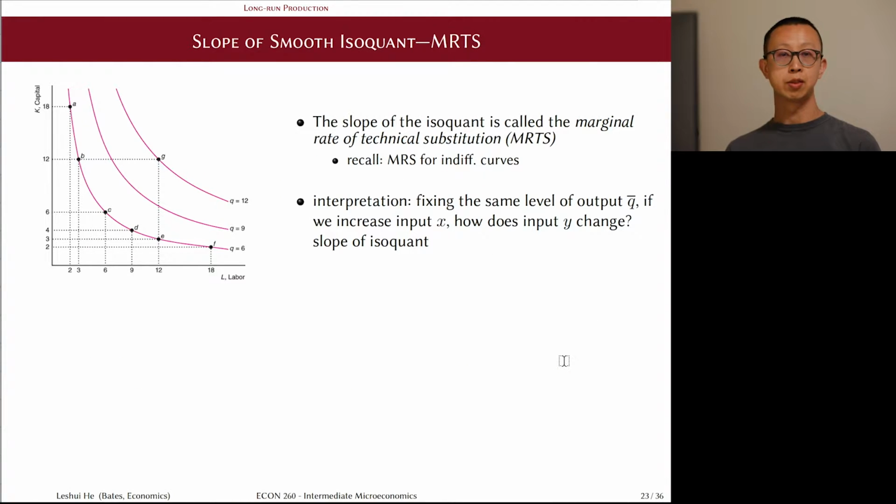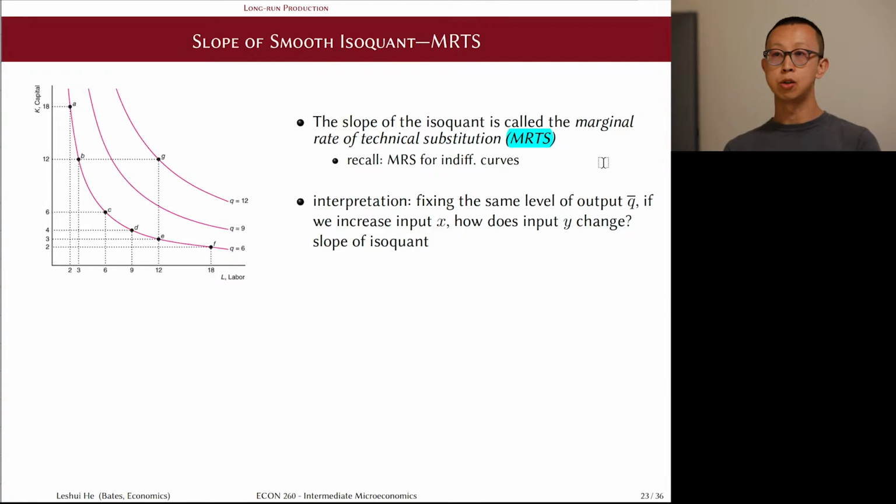Also, just like the indifference curves, the slope of the isoquants that represents the substitution pattern between the two inputs is a very important object for the firm's choices. We're going to call it the marginal rate of technical substitution, or MRTS.